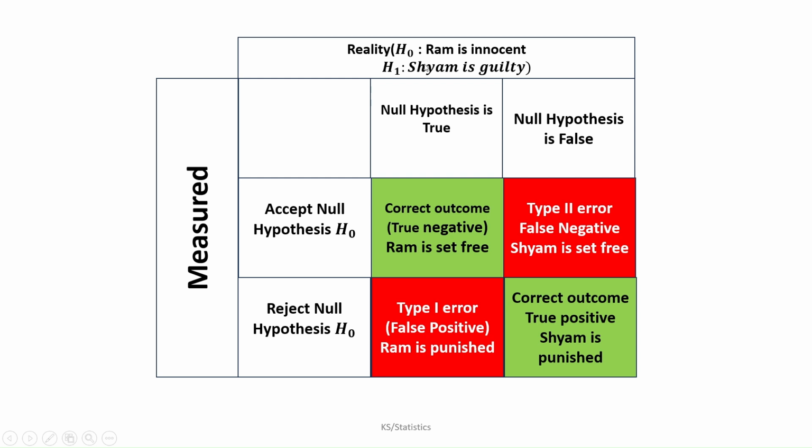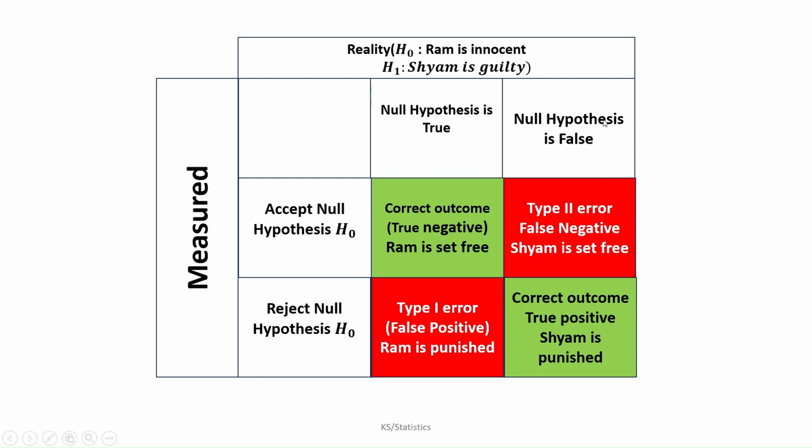In reality, H0, the null hypothesis, is Ram is innocent. H1, the alternative hypothesis, is Sham is guilty. When null hypothesis is true, that is, Ram is innocent, and if the null hypothesis is accepted, then the correct outcome is Ram is set free.